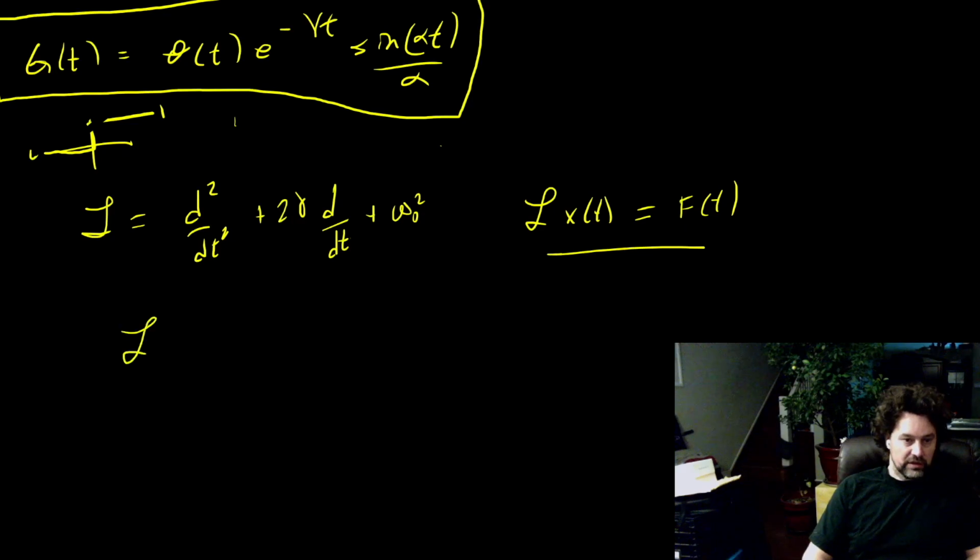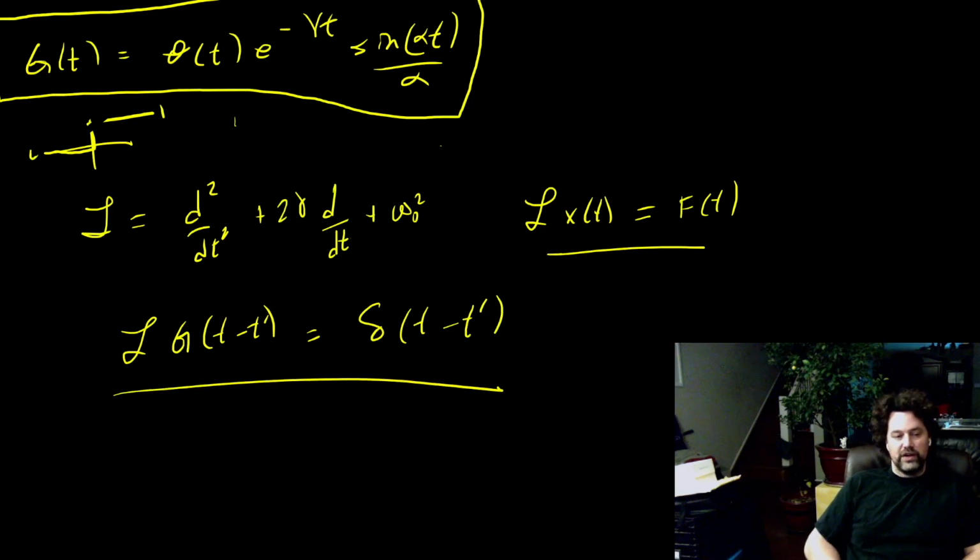We want to show that if we operate L on g of t minus t prime, then we get delta of t minus t prime. That is what would justify calling g a Green's function for this differential equation. Right now, we know that it's a convolution kernel for the equation.